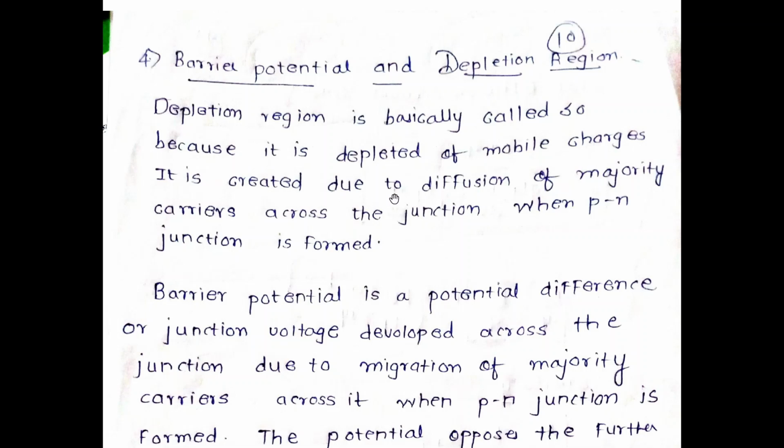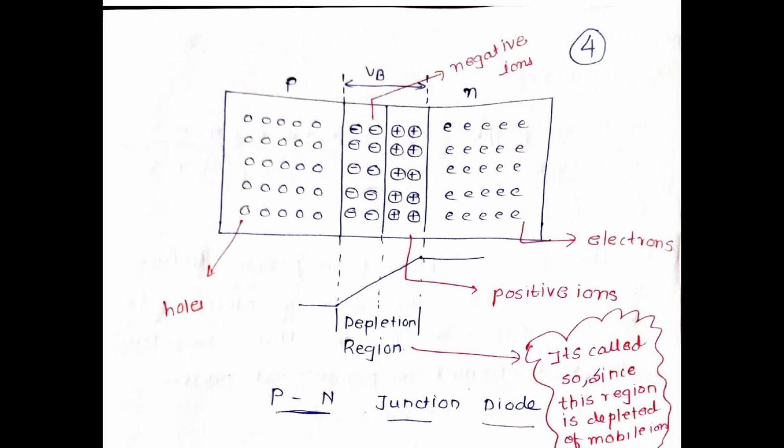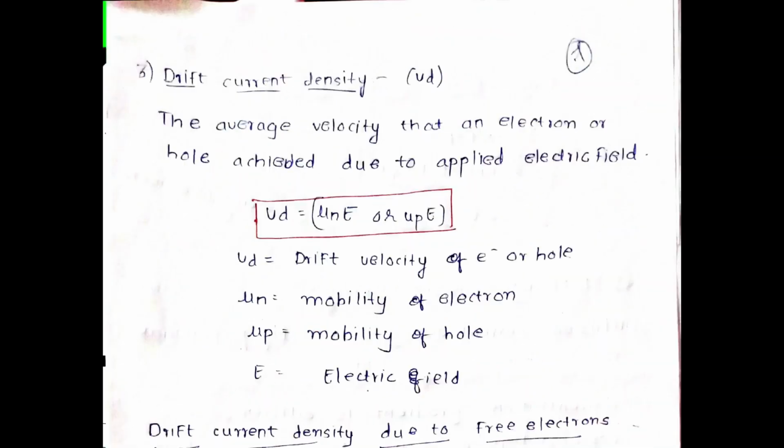It is created because of the diffusion of majority carriers across the junction when a PN junction is formed. So what happens is that if you see the PN junction diode, when the holes from the P side move towards the N side and the electrons from the N side move towards the P side, diffusion takes place and a region is formed between them. That region is called the depletion region, and the potential offered by this particular region is the barrier potential. I hope I am very clear with this.